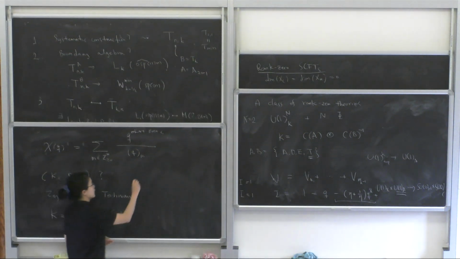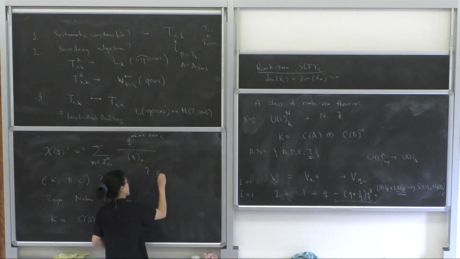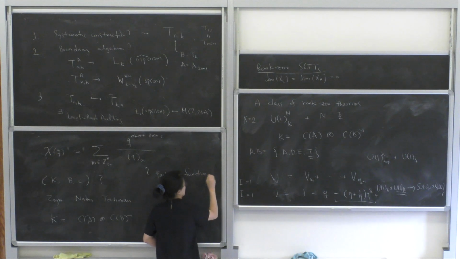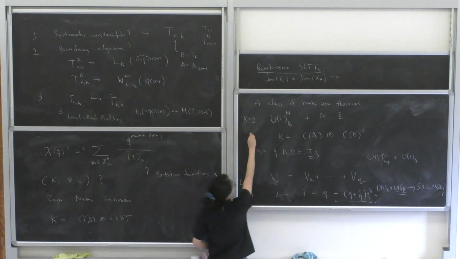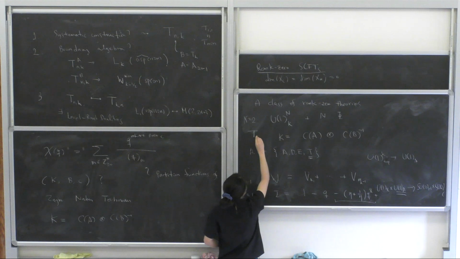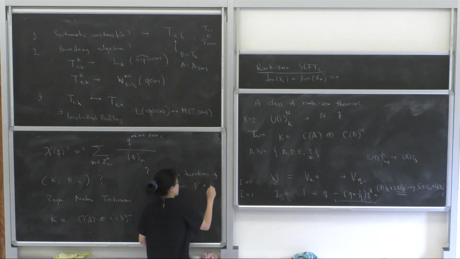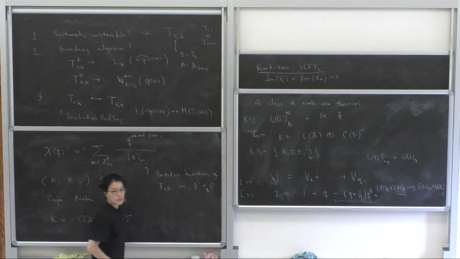The form of this can be thought of as the partition function of those theories. Maybe I will call this theory T_AB, when this K is this matrix, on D^2 times S^1 with the twist q.